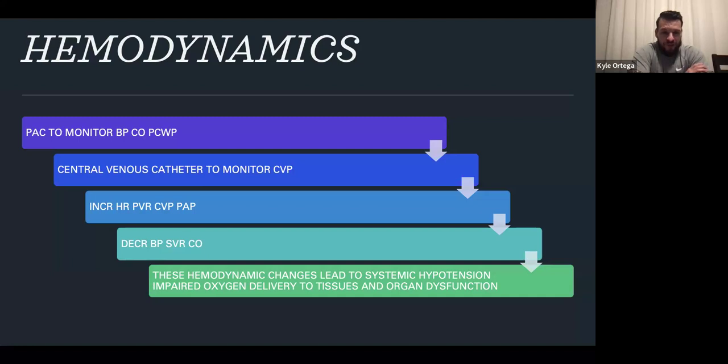In obstructive shock, you're going to get an increased heart rate, increased pulmonary vascular resistance, increased central venous pressure, and increased pulmonary artery pressure. We're going to get a decreased blood pressure, decreased systemic vascular resistance, and decreased cardiac output. These hemodynamic changes lead to systemic hypotension, which impairs oxygen delivery to tissues and causes organ dysfunction, aka life-threatening.